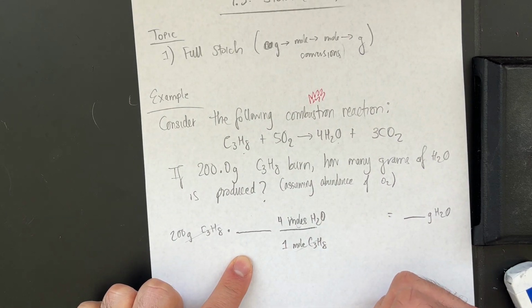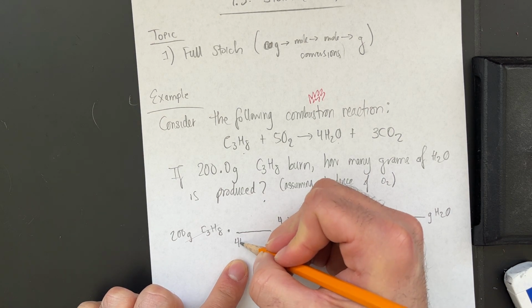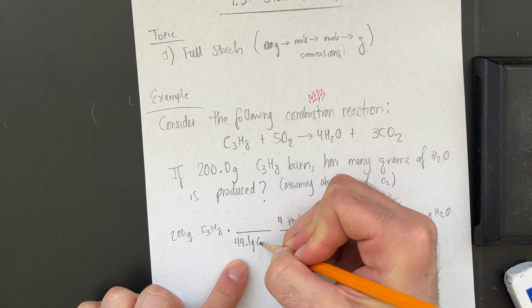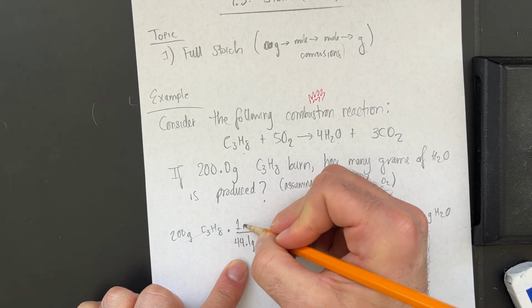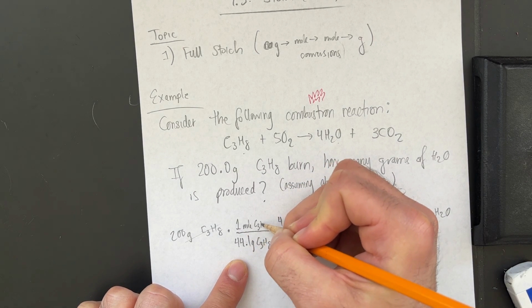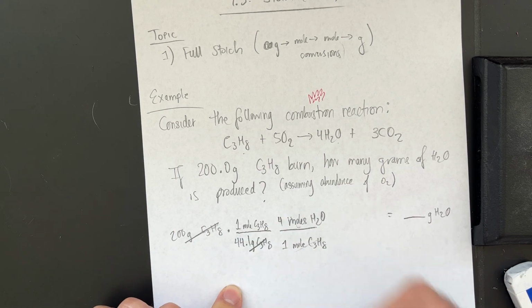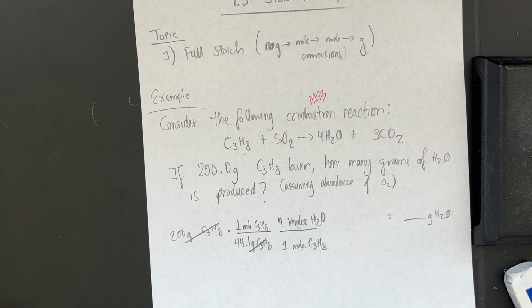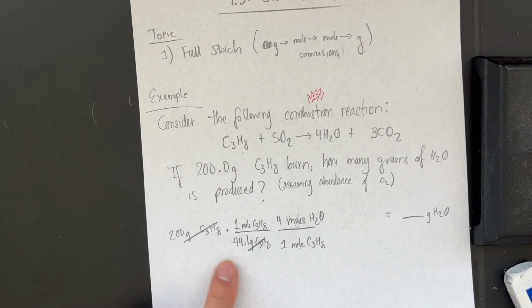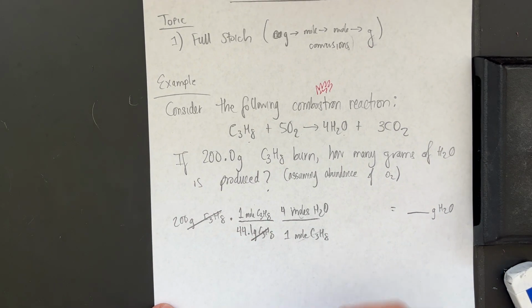And the molar mass of C3H8 is 44.1 grams of C3H8 for every 1 mole of C3H8. And so if you do this, grams will cancel and you'll be left with moles. Now, you could actually do this on the side because I think sometimes students get confused.